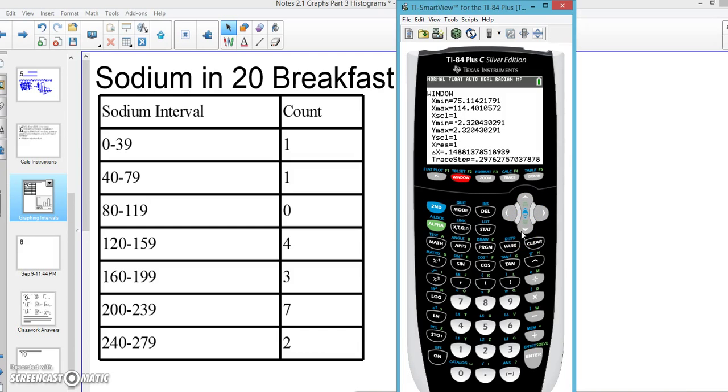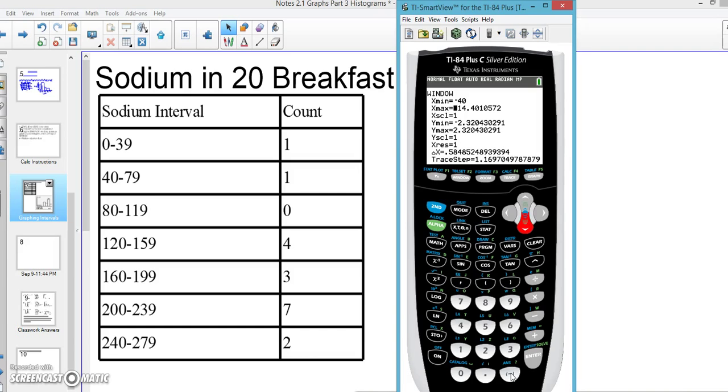So my breakfast cereals start at 0, so I'm going to give myself a little bit of space here. I hit the minus 40 instead of the negative 40, so negative 40 is what I'm looking for.